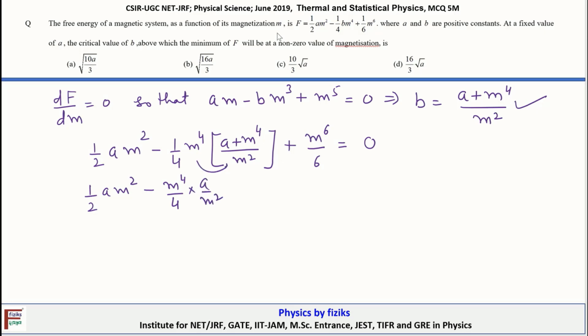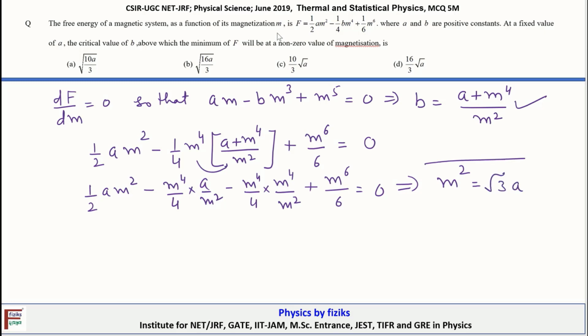So that is the first term, and then the second term minus M4 by 4 multiplied by M4 by M square, plus the last term M6 by 6, and that should be equal to 0. If you further solve this expression, this will give you M square equal to under root 3A.